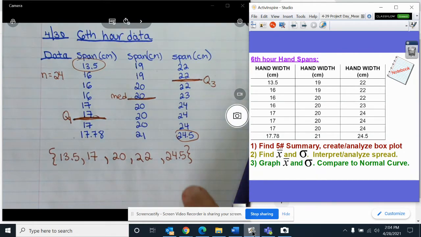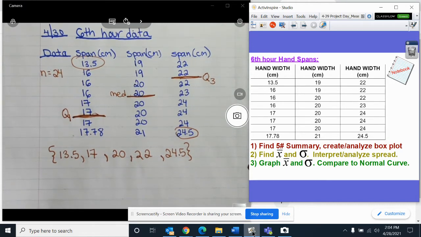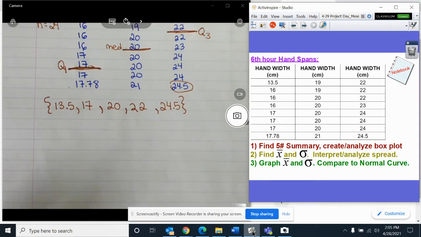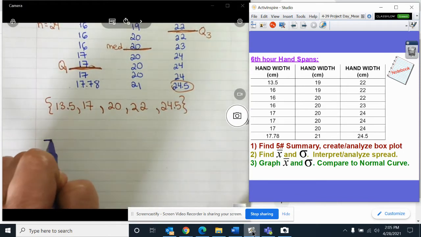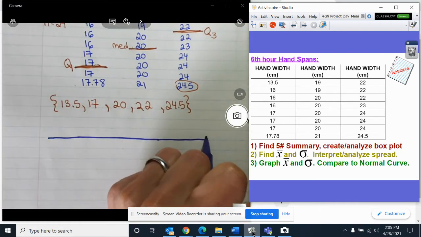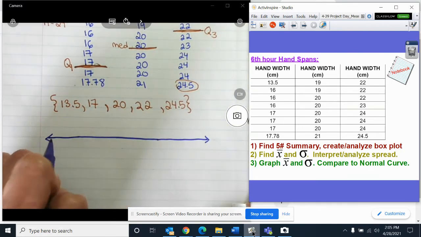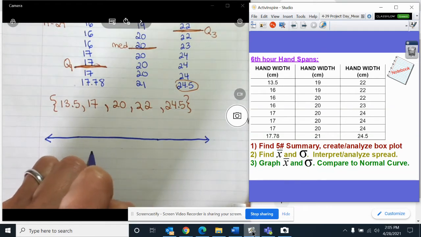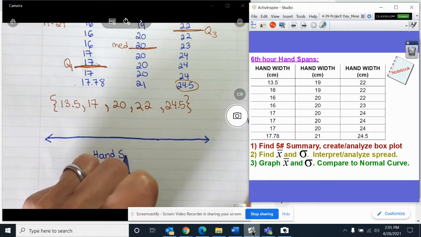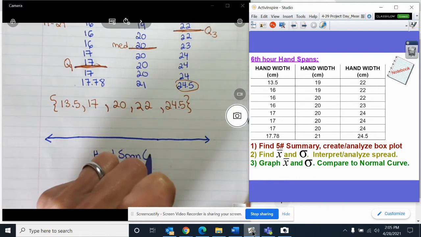Now we're going to create a box plot and look at how our data is spread out. So I am going to go up in my notebook and create a number line that will represent these 5 numbers. Our box plot will be the handspan in centimeters.